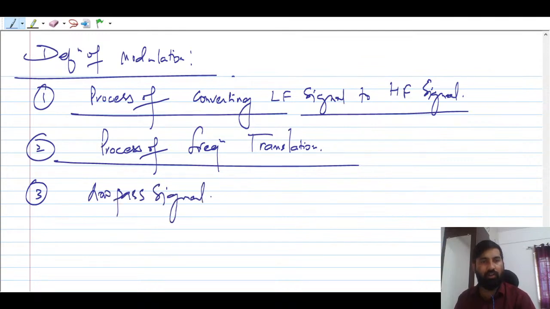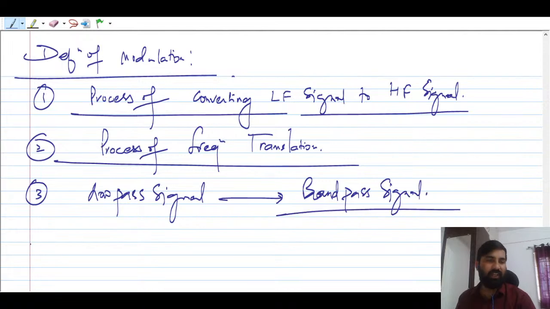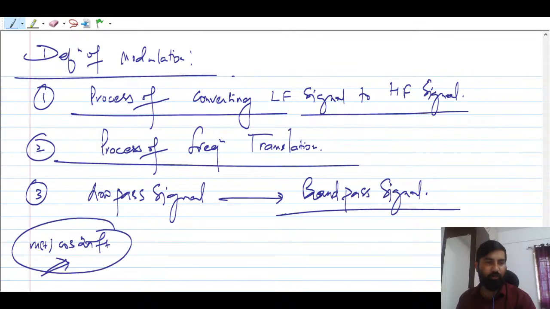So whenever you see m(t) times cosine 2 pi fc t, you don't say this is a low pass signal. It's a band pass signal. Please remember this: if you multiply any message signal with the cosine, that is going to be a band pass signal.